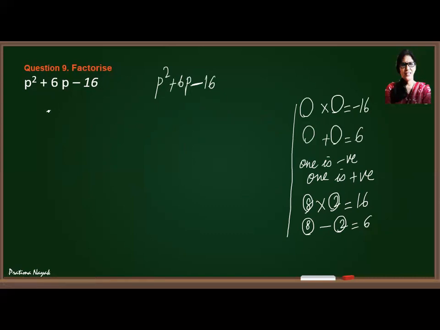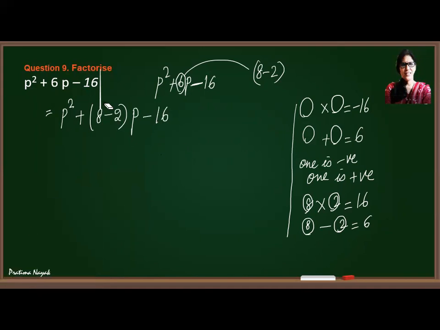So please note how I am writing this question. I am writing p square plus, breaking 6 as 8 minus 2, then in the bracket I'll write 8 minus 2 p minus 16.